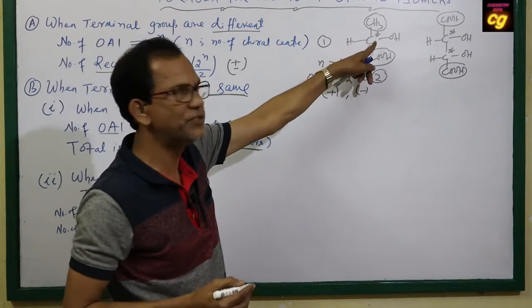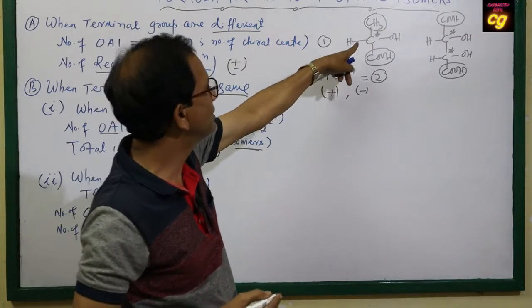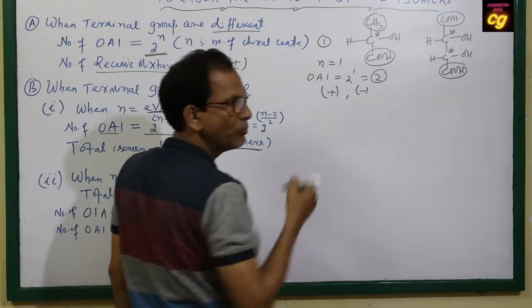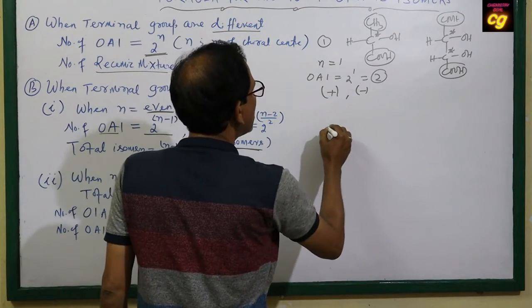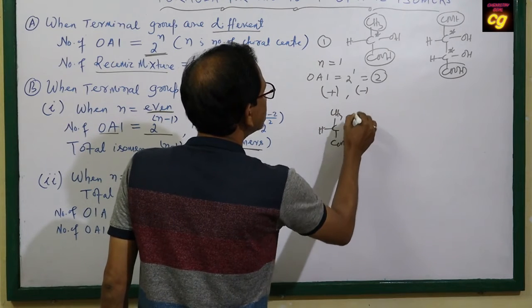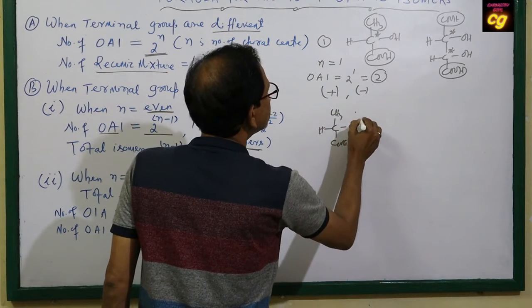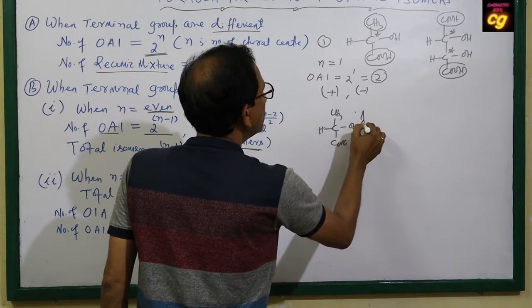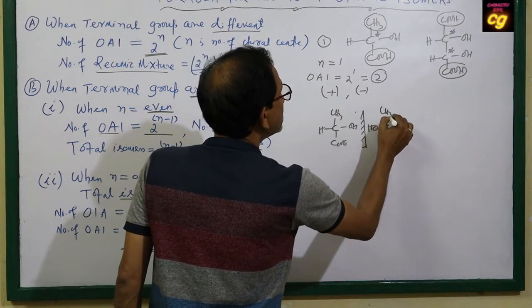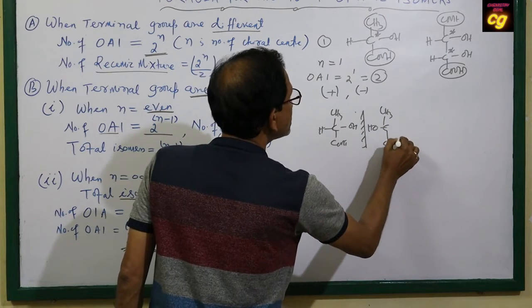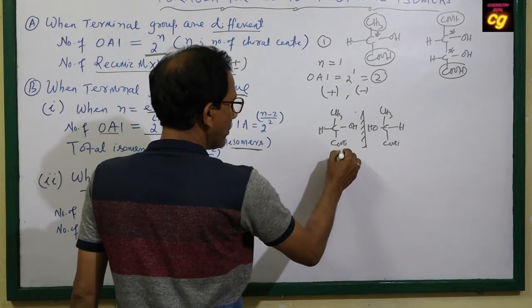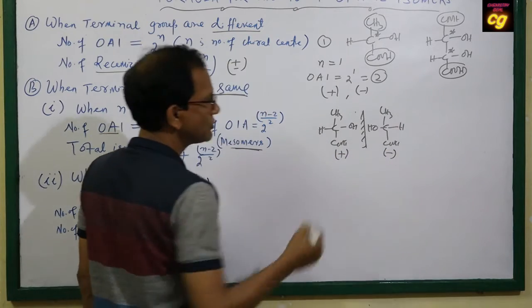That means for this compound, one will be like this. You can also use the mirror image like this. This is one example of isomers. Then the mirror image will be used: OH, CH3, then CHO, then H. So if one is plus, then the other will be minus.